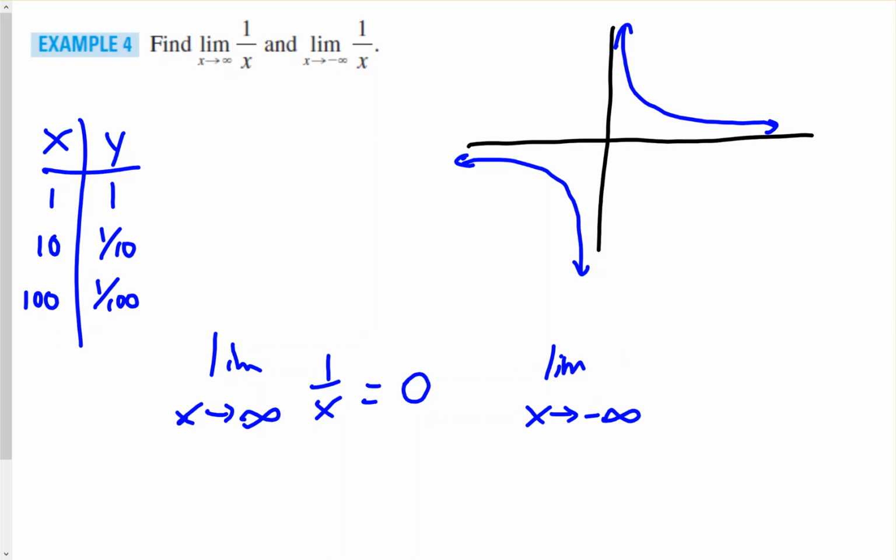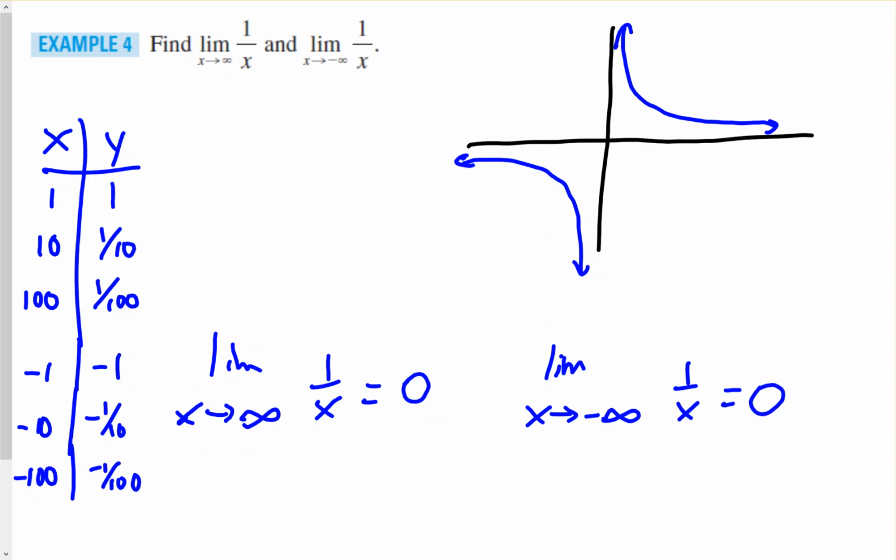Now you have negative 1, but if you do negative 10, now you have negative 1/10. Negative 100 would be negative 1 over 100. So that will also be approaching 0. So we got a horizontal asymptote at y equals 0.